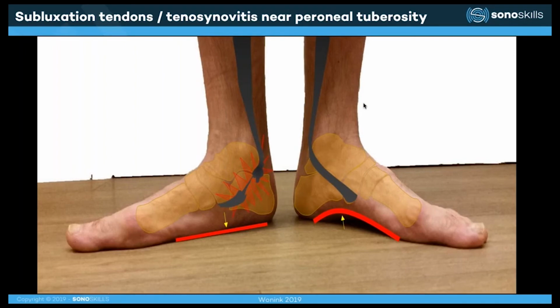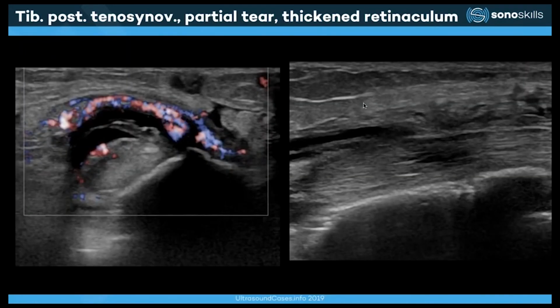After the Achilles tendon, the second most commonly involved is the tibialis posterior. The third one is the peroneal longus, and the fourth one is probably the tibialis anterior. And in flat foot deformity, the tibialis posterior also has a lot of stretch, and in some cases will also tear.